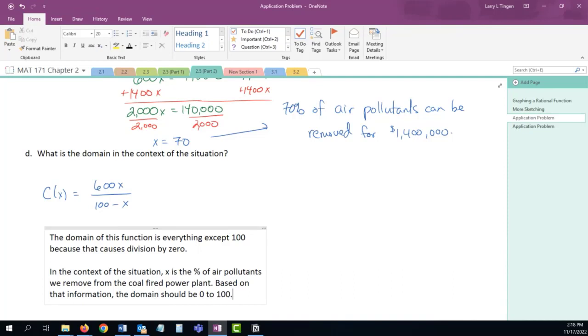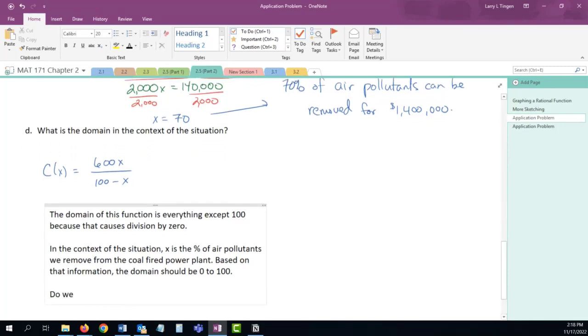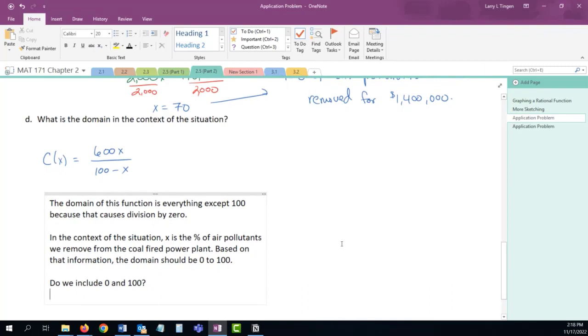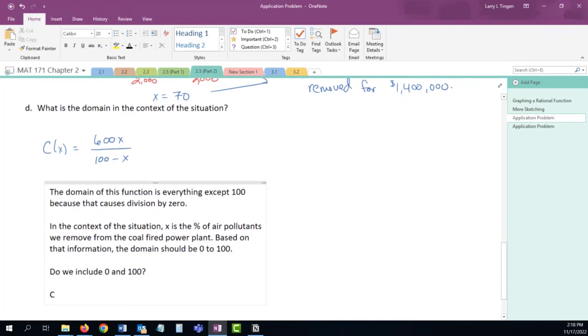And then the question is, do we include the endpoints of 0 and 100? C at 0 is what? 600 times 0 is 0. So that's 0 over 100, which is 0. That's fine.